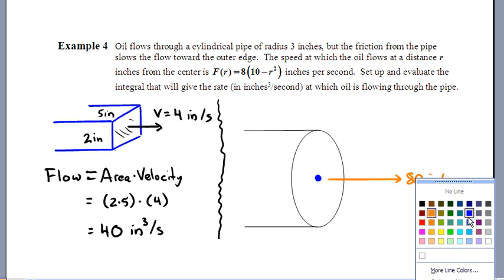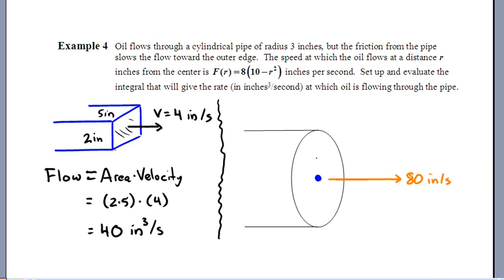But if I move away from center by a little bit, if I go out here 1 inch from center, where r is equal to 1, so we've got r equals 0 right here, and here r is equal to 1. You put 1 in: 10 minus 1 squared is a 9, times 8 is 72. Oil right there flows out a little bit slower, not much slower, 72 inches per second.